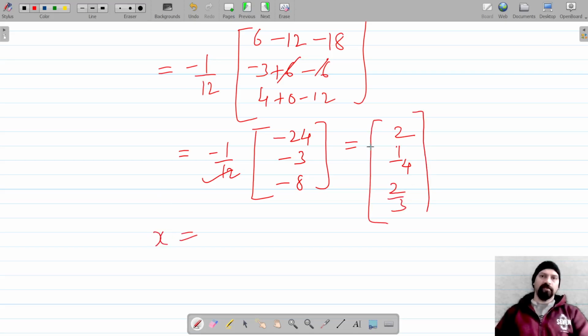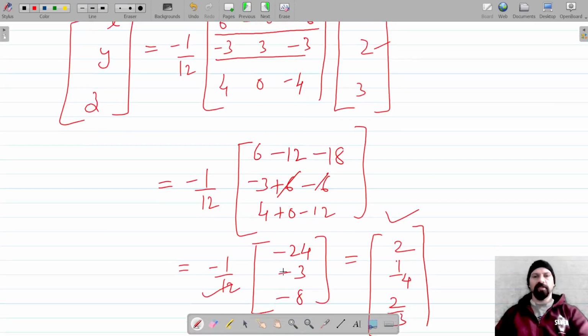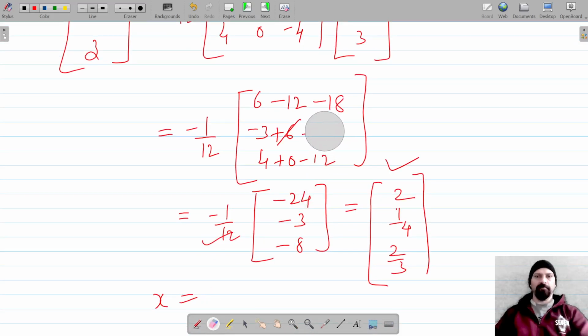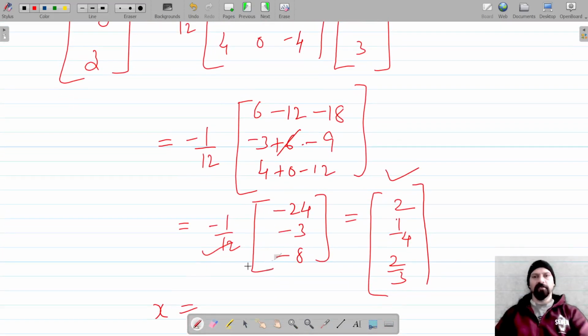So x is equal to 2 and y is equal to 1 by 2. Let me check it. This is minus 3 into 2, which is 6, and minus 3 into 3 is 9. This should actually be minus 9.